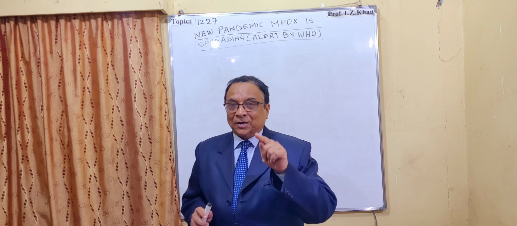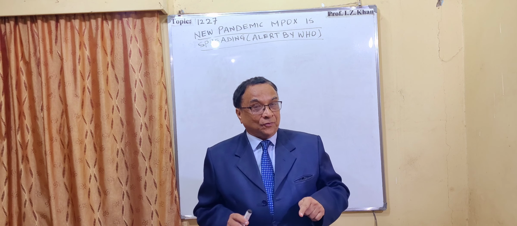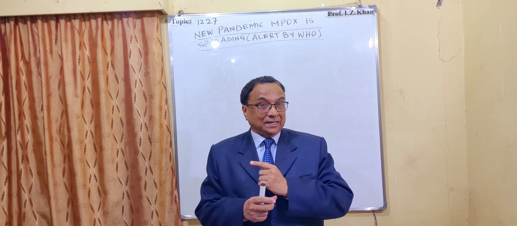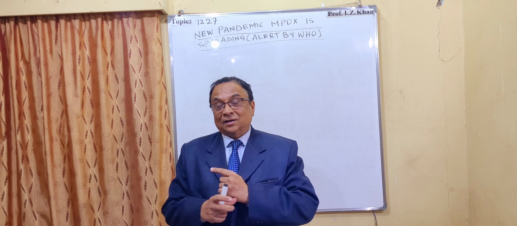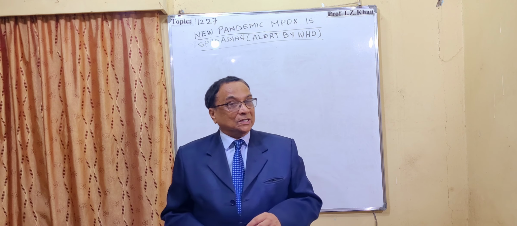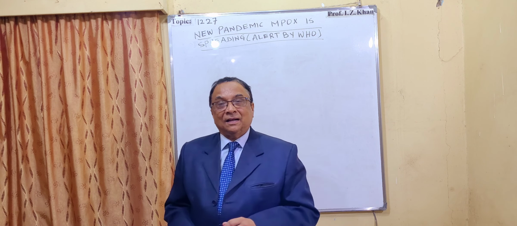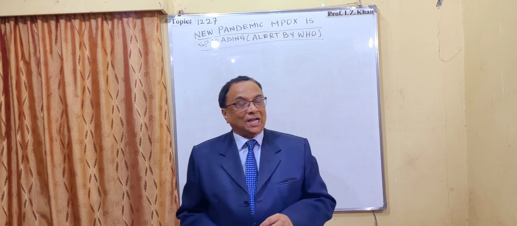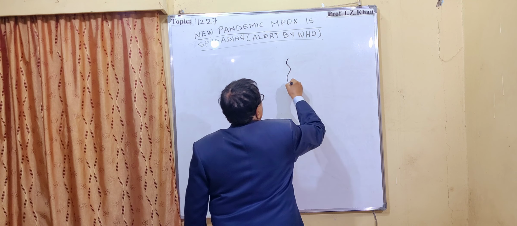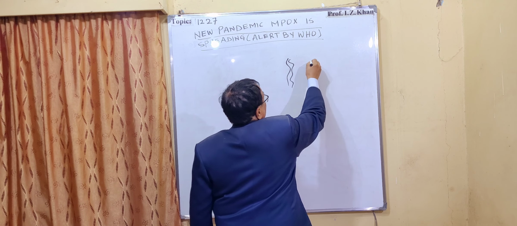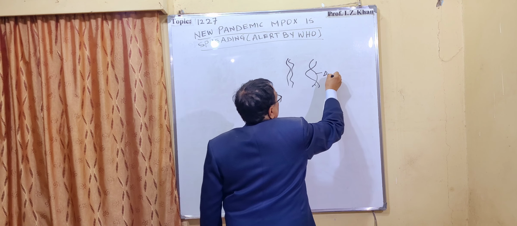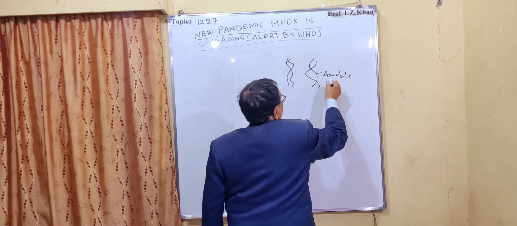So this one, very particular today in 2024, the virus which is very much in question and is causing a lot of panic, with an alert given by WHO, is a double strand DNA virus. DNA means deoxyribonucleic acid, and double strand means, for example, RNA is single strand, but if it is double, it is double strand.